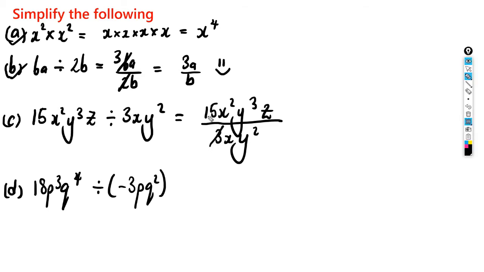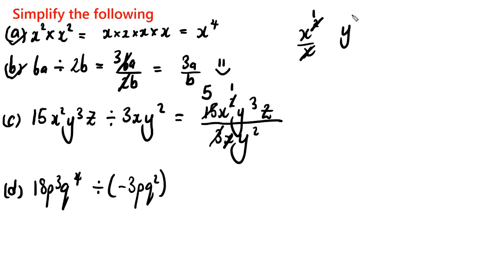So 3 goes into 15 5 times. We also want to divide the x's themselves. So in this case, x squared divided by x would actually give us x to the 1. Okay, so this x would remove that and give us x to the 1.